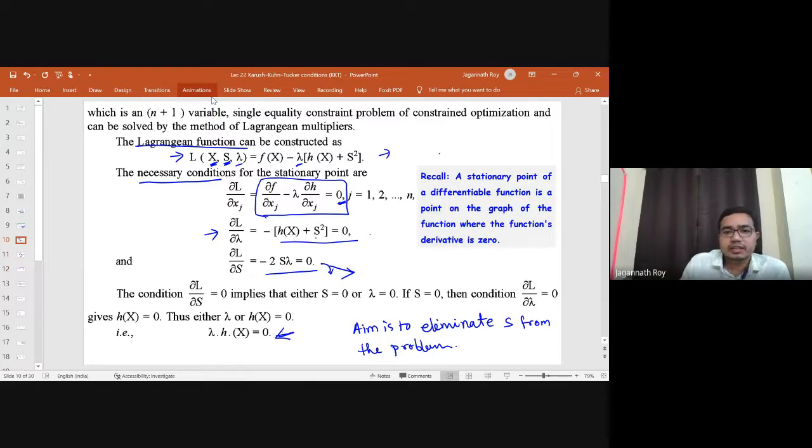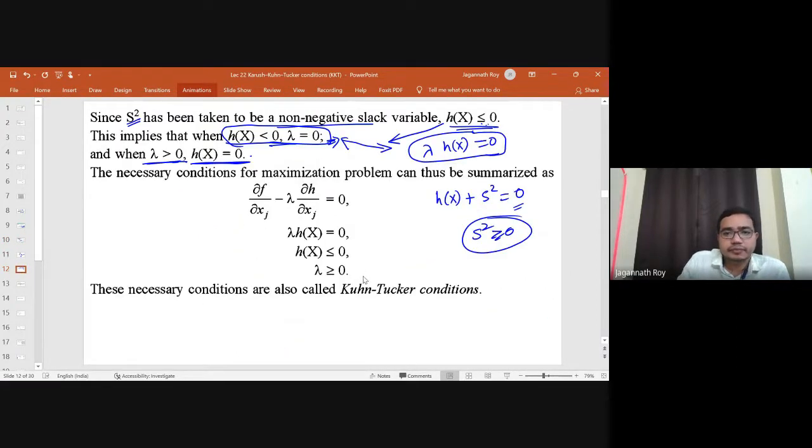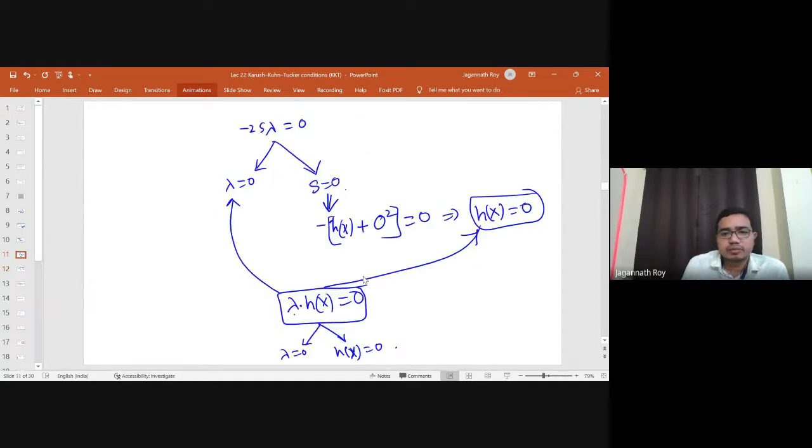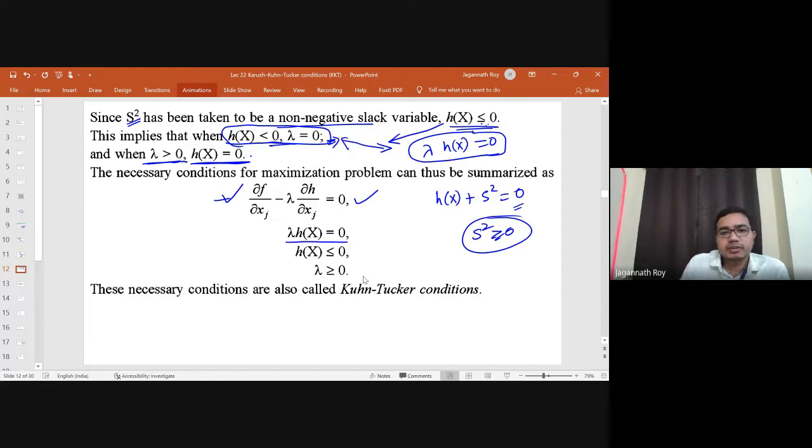What we had here, these three conditions, are now modified into this. So the first one is no problem. From the second one, we had this one. So from here, this is our second one. And then the third one, we have this condition from here.